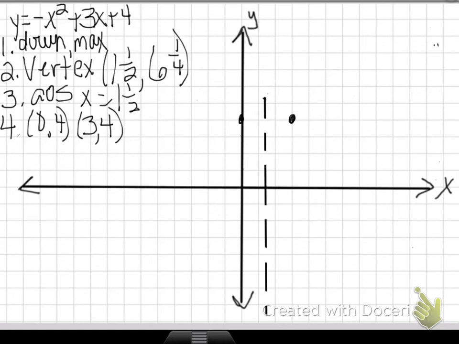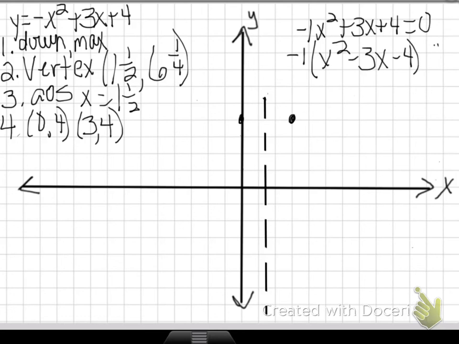Now I need to see if I can factor this trinomial. So that's -1x squared plus 3x plus 4 is equal to 0. Now remember, a cannot be negative. So I'm going to factor out a -1 and get x squared minus 3x minus 4 is equal to 0.